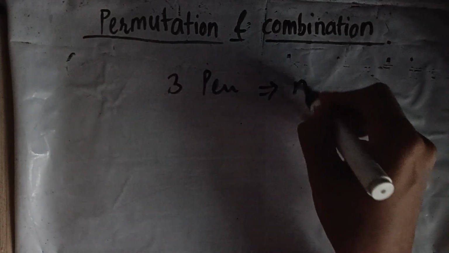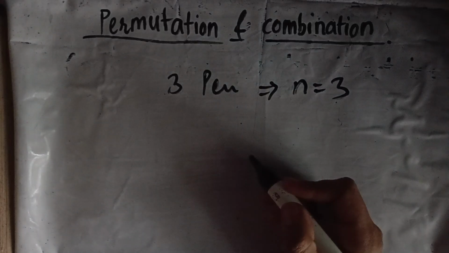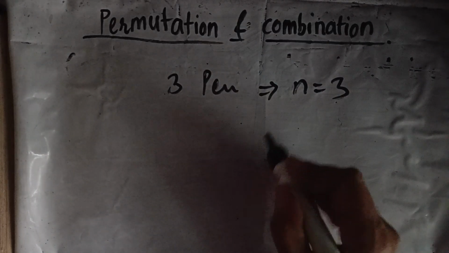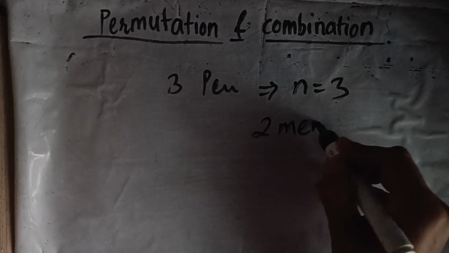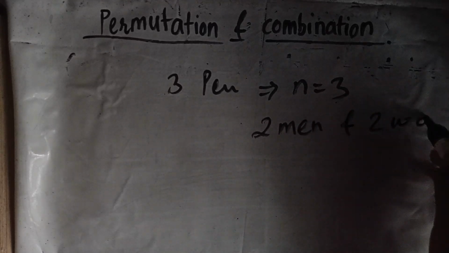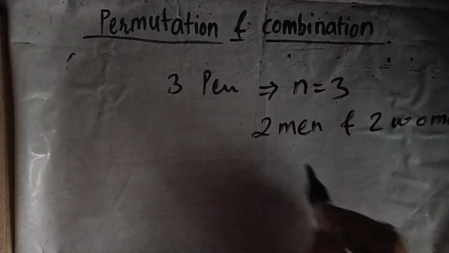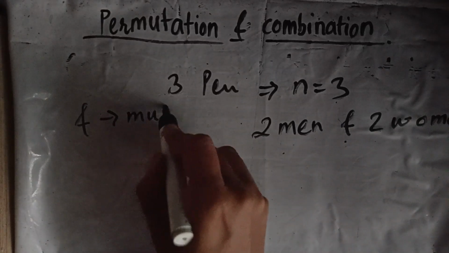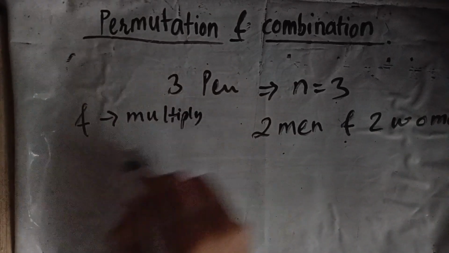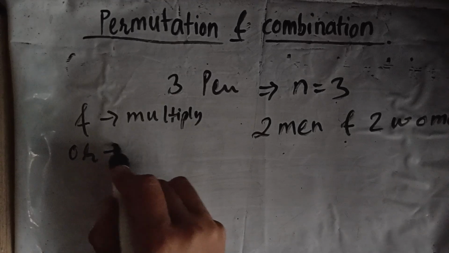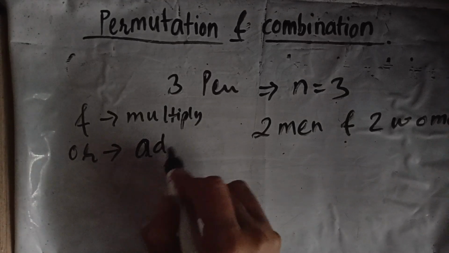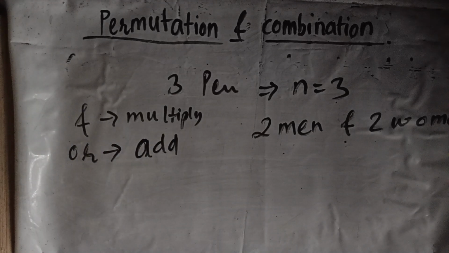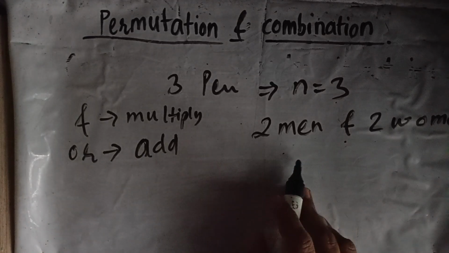Keep in mind that whenever 'and' is there, you have to multiply, and whenever 'or' is there, you have to add.